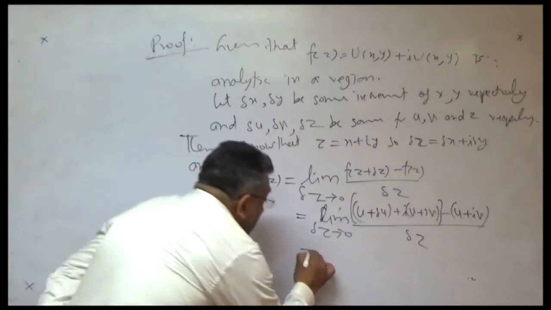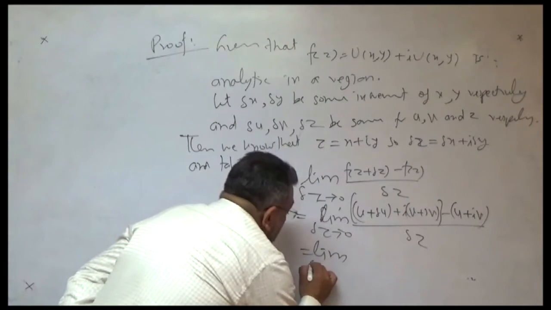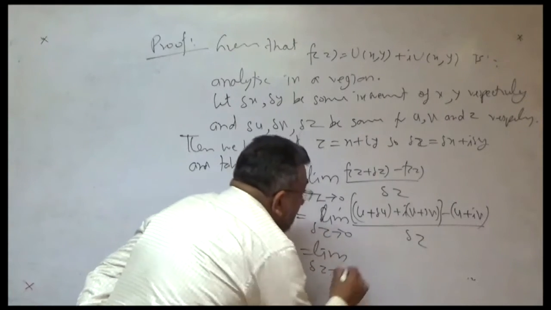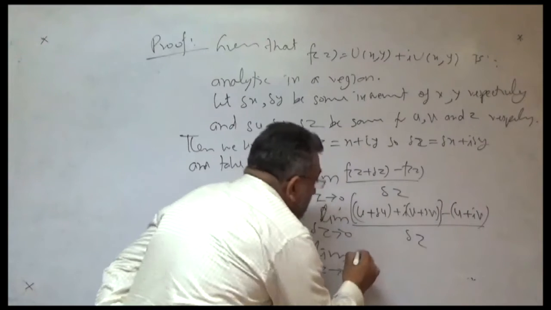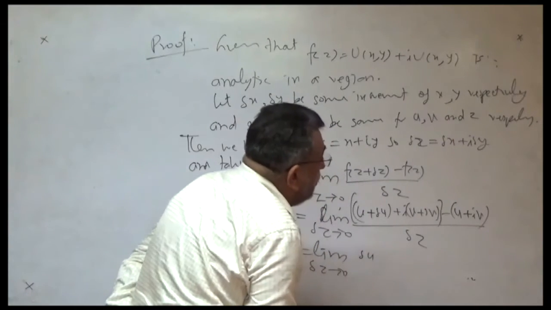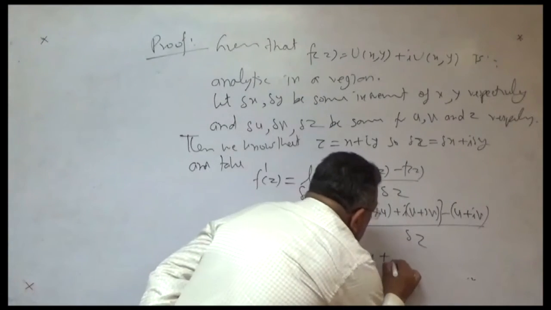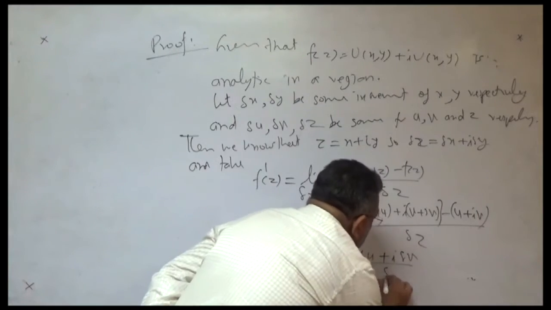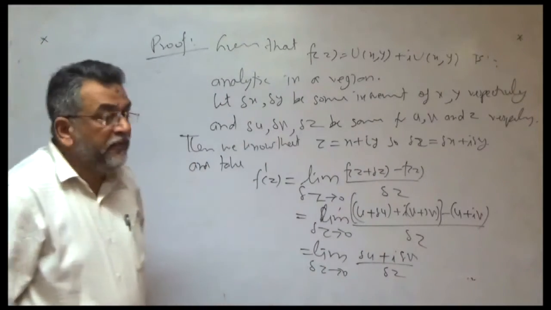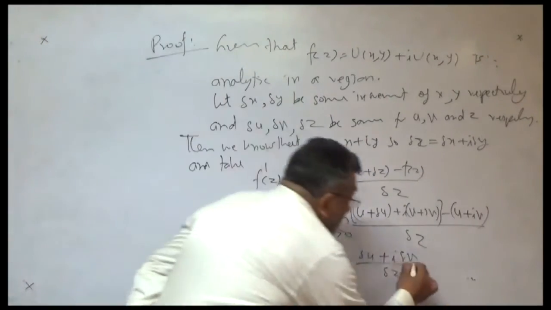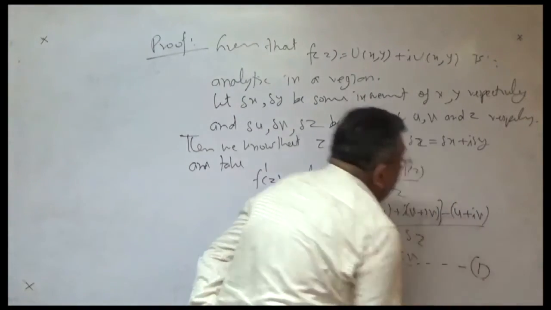If we separate the real and imaginary parts, these cancel out, and we get del u plus i times del v upon del z. Take this as equation number 1.